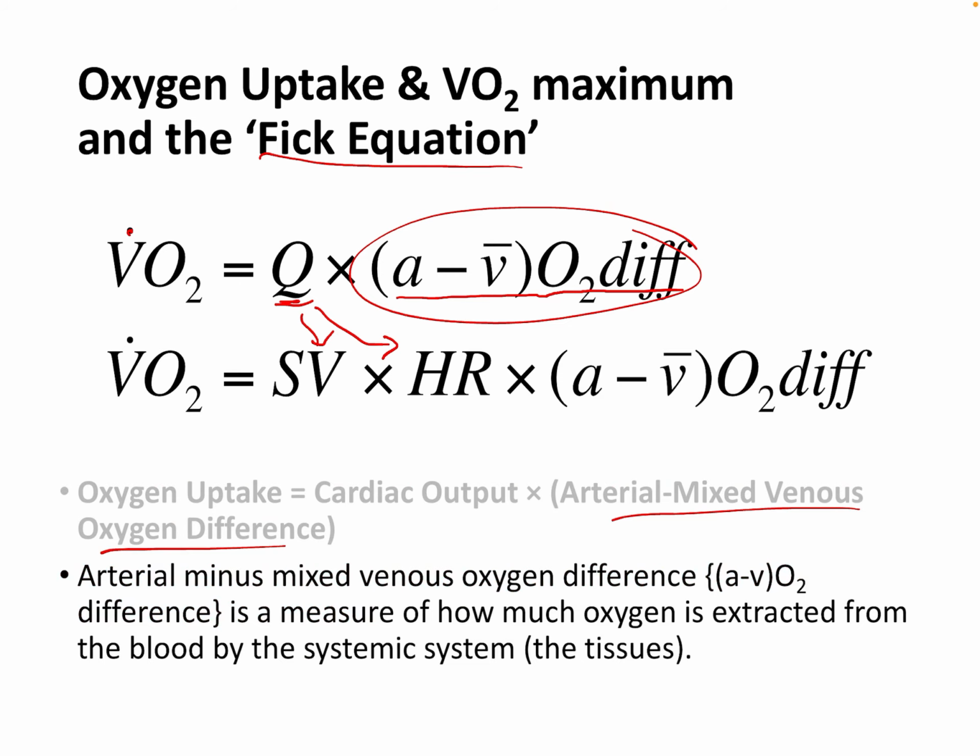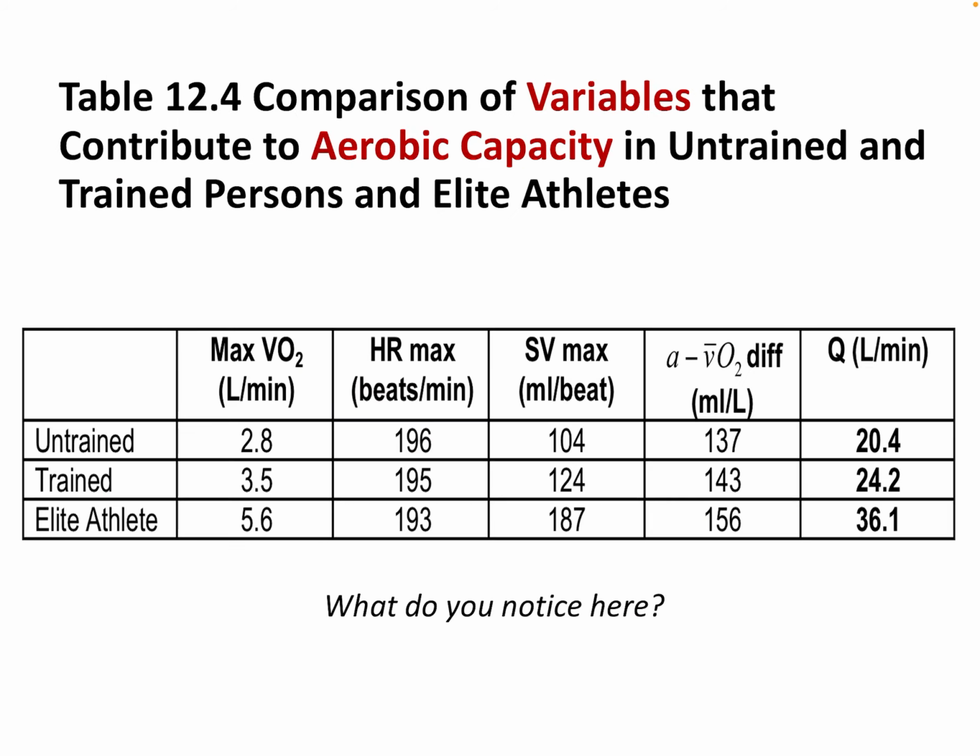Next, we're going to look at table 12.4. And it shows some typical values for the components of the oxygen transport equation during maximal exercise for untrained subjects, trained subjects, and specialized endurance athletes or elite endurance athletes.